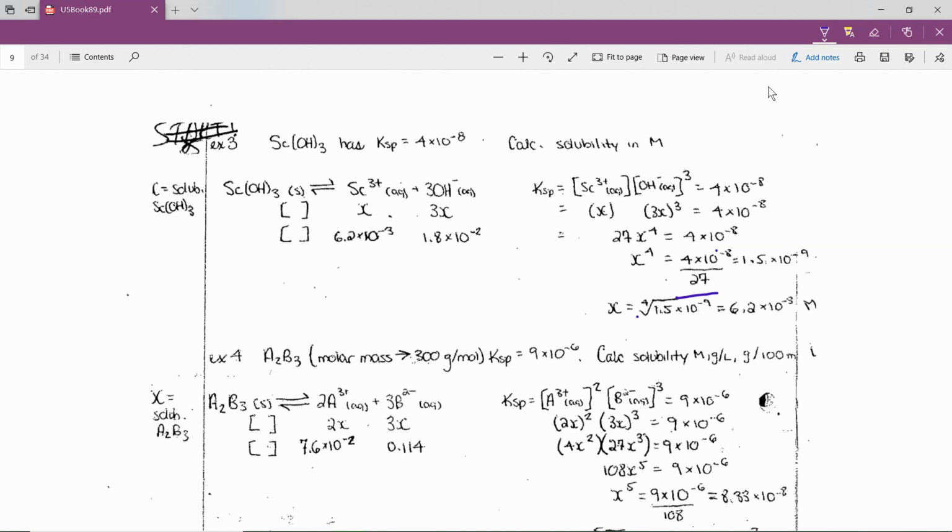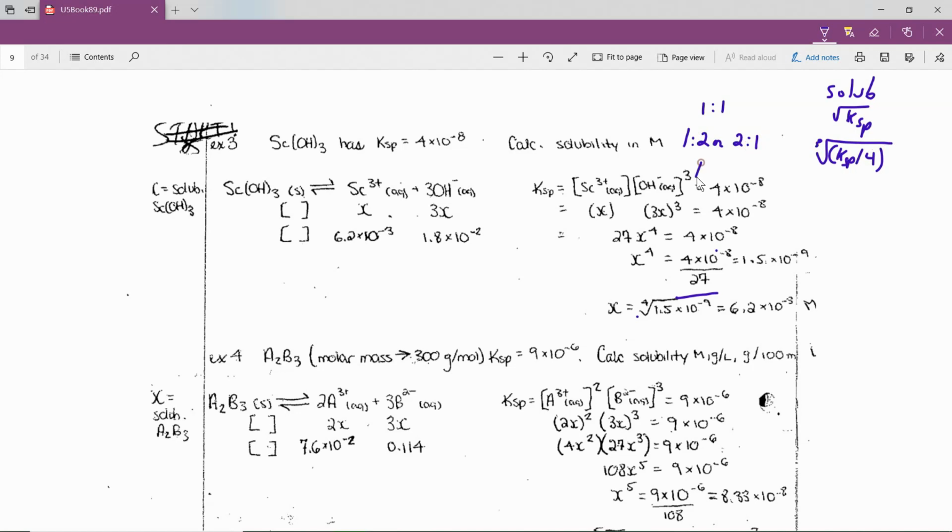So we can put a little chart here on how to calculate the solubility given the kind of ion you have. If it's a 1 to 1, then the solubility is just the square root of Ksp. If it's a 1 to 2 or a 2 to 1, then it is the cube root of Ksp divided by 4.